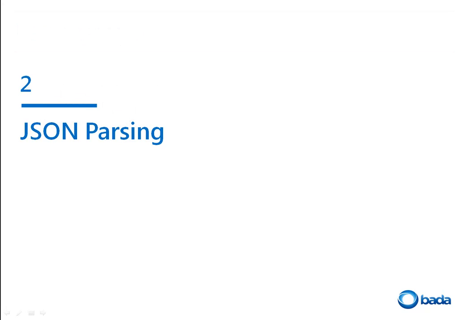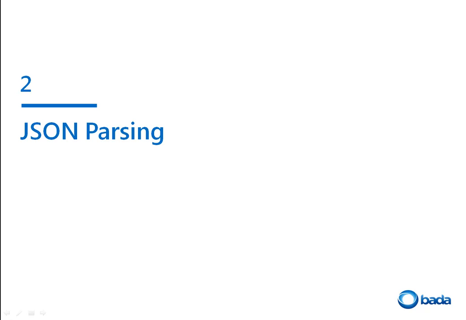In this section, you'll learn about parsing and composing JSON data. The web JSON namespace provides classes to parse and generate JavaScript object notation, JSON encoded data. These classes represent the basic JSON data types, such as objects, arrays, integers, strings, bools, and null.